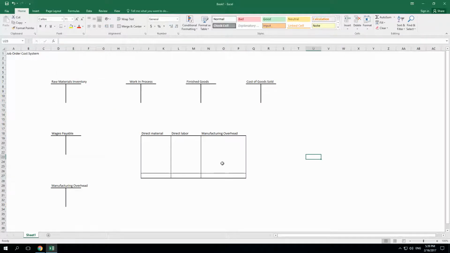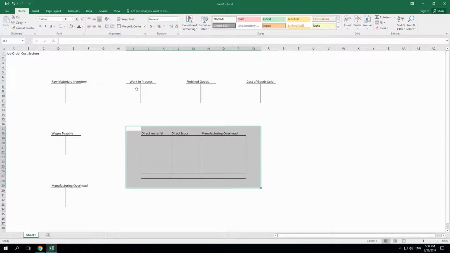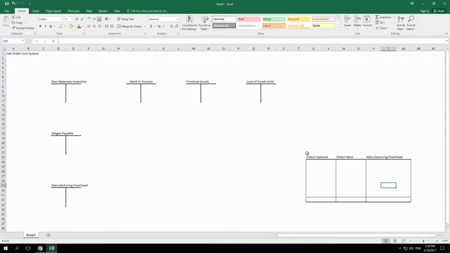So that's not a T account, that's just a record that makes up what's going into the work in process account. Okay, so actually we should move that down and out of the way. But it would be by job number. So just as an example, you might have job number 140, okay? And then depending on the number of jobs you have, you would have a record for each of those individual jobs. Okay.